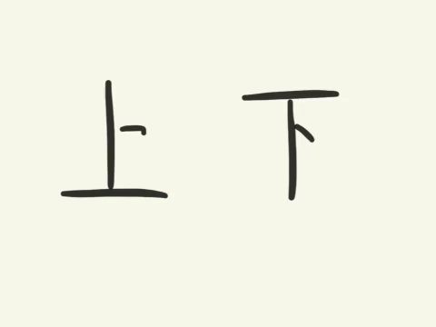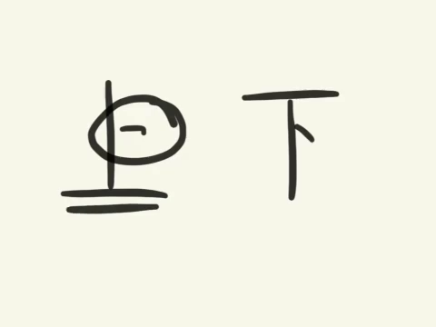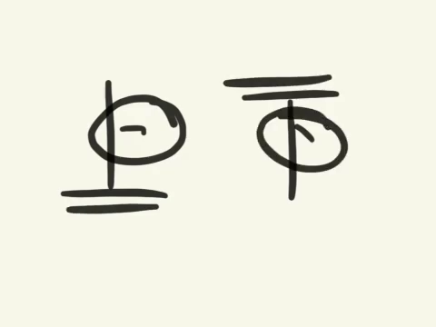These are characters where you look at them and we have this little line above the baseline, and we have this little line below this line. So those are indicative of what they mean. Other types of characters might be what they're called associative compounds, where you have different elements coming together that mean different things and then produce a brand new character.